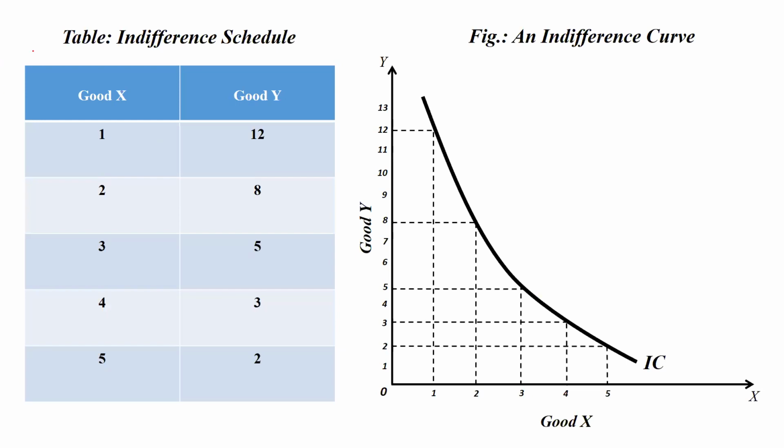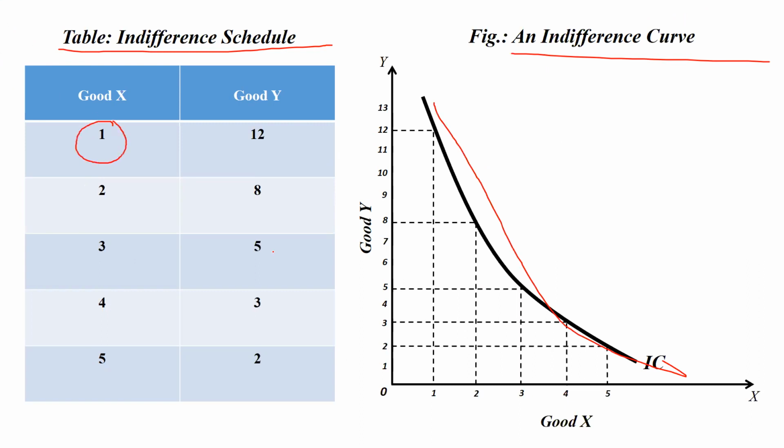Now, this concept will become clearer. This is known as the indifference schedule, because the tabular form we always call a schedule, and this is the indifference curve. You can see that it is sloping downwards, like a demand curve. We are consuming good X and good Y. Good X is on the X axis and good Y is on the Y axis.